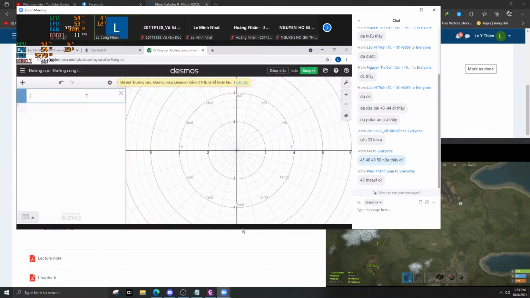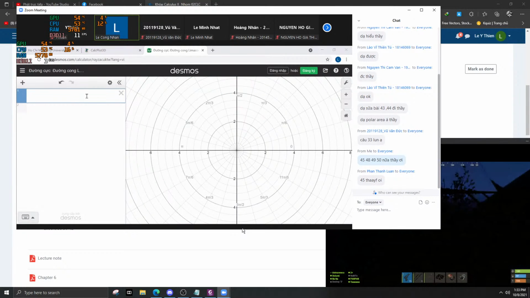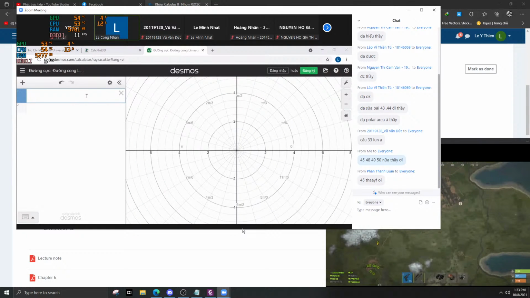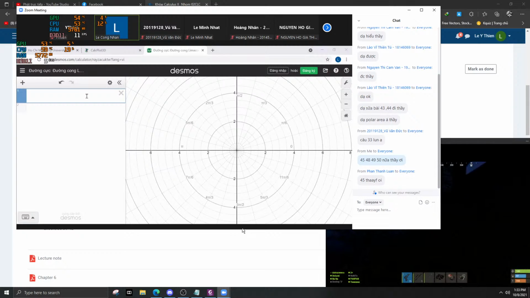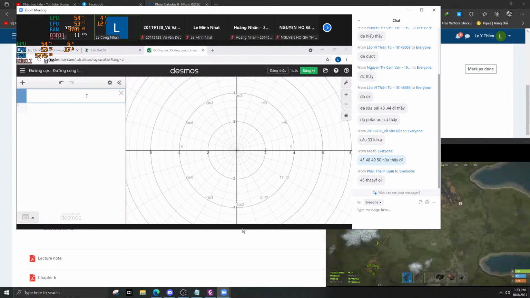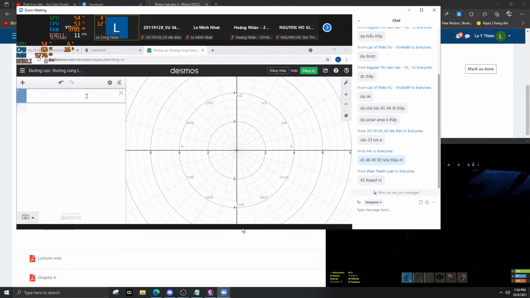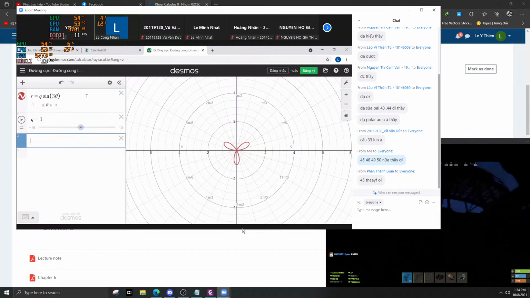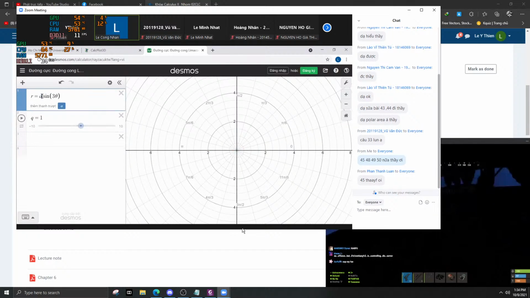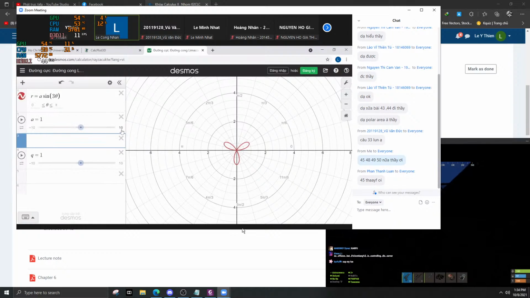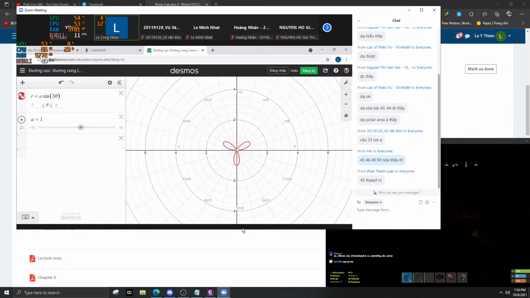Okay, so our problem is, find the area 43. Find the area enclosed by the 3-leaf rose r equal A times sine of 3 theta. Okay, so we have the curve.